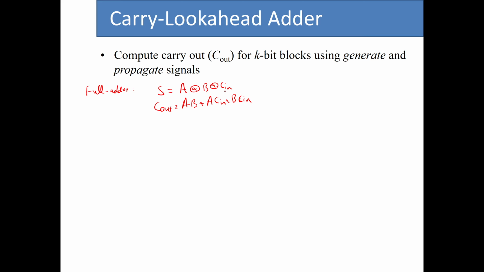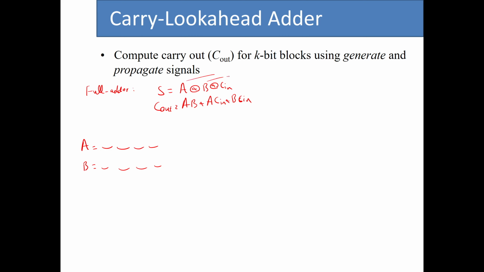But let's just see what happens with individual bits. Let's say we have numbers with multiple bits inside. Let's call these whole numbers A and B. So don't confuse these A and B with these ones.